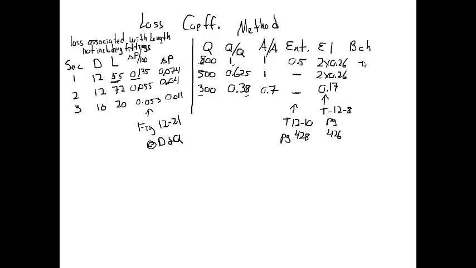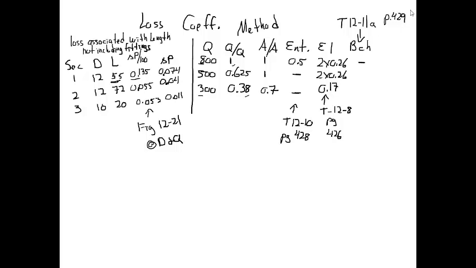For diverging branches, there is one table, table 12.11, and there are two parts to it, A and B. A is for a diverging 45-degree branch. B is for a 90-degree diverging branch. So here, this would be table 12.11A, page 429.